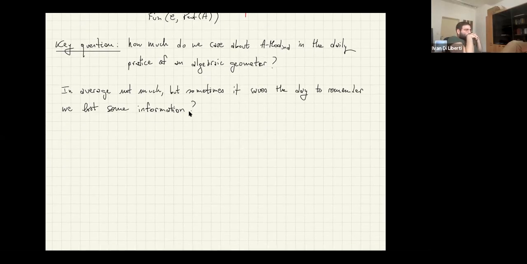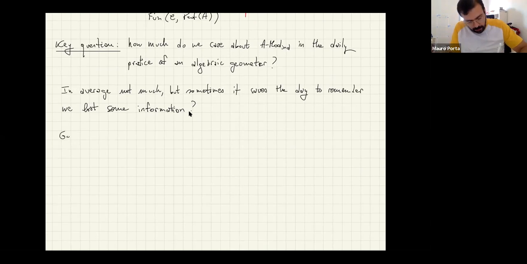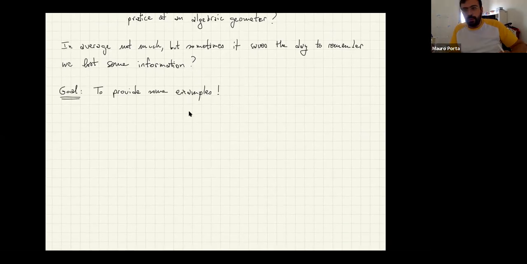Okay, so the goal of this talk is to provide some examples. I have two main sources of examples. The first one will be analytic geometry, and the second one will be geometric representation theory.